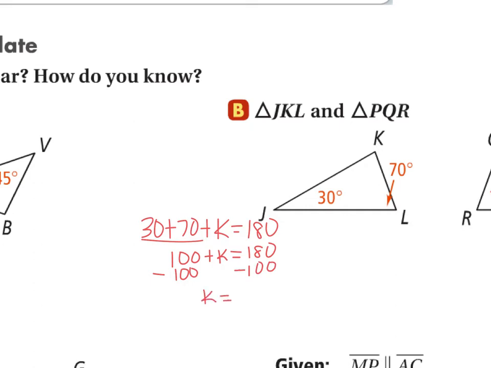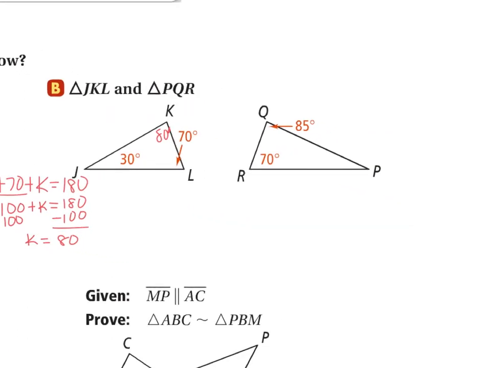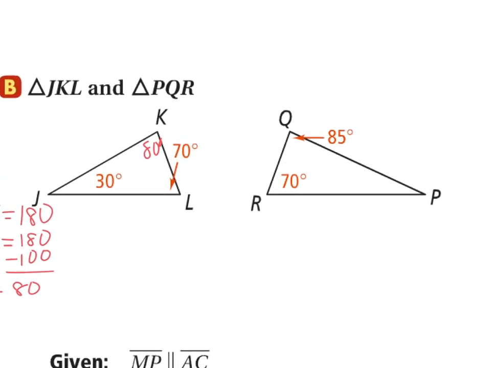So K is equal to 80. All right, so this one is 80 degrees. All right, now that we know all three angles of the triangle, can we say that they're congruent? Well, the answer is no. Since this one's 80 and this one's 85, then those angles are not congruent. So we can't say they're similar.